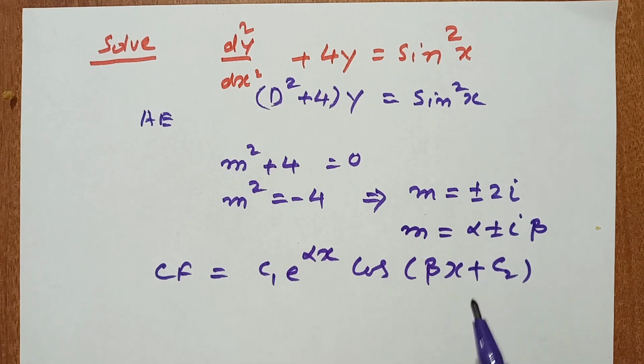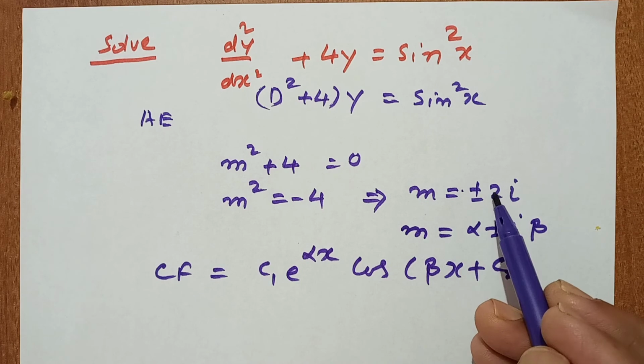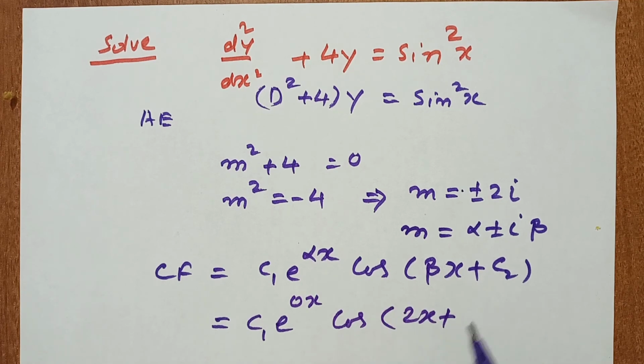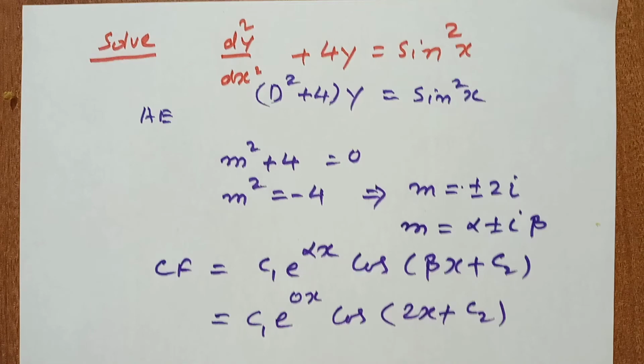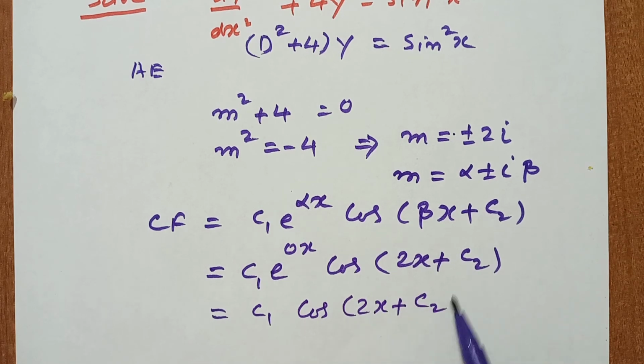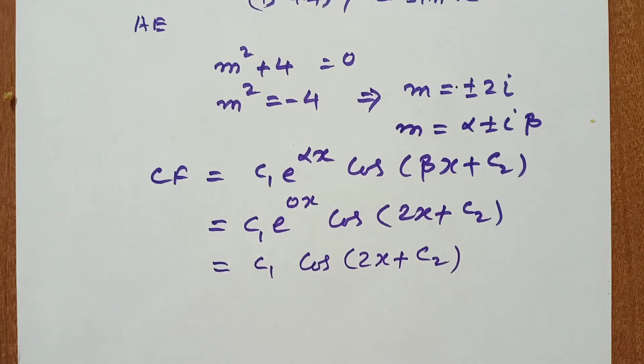So here alpha is 0, beta is 2. So here CF is C1 e to the power 0x cos 2x plus C2 sin 2x. So e to the power 0x is nothing but 1. So CF is C1 cos 2x plus C2 sin 2x. Okay, now the particular integral.